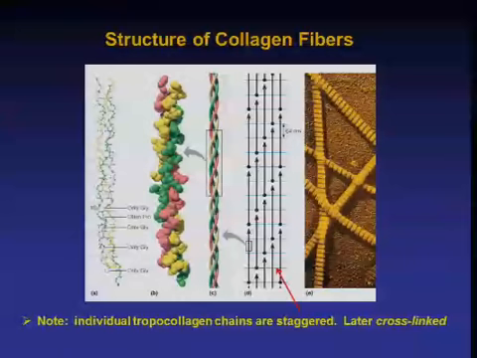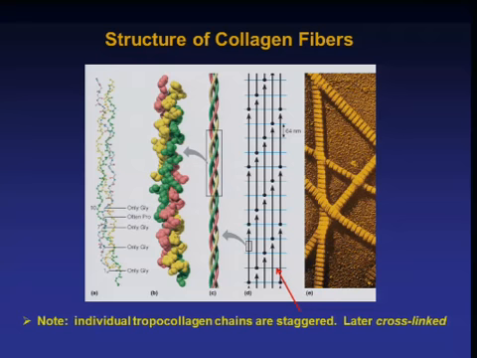So how does that stay together? The way that they stay together is that we start to get cross-links. Cross-links between adjacent tropocollagens. So if we get a covalent cross-link, a chemical bond between this strand and this strand, these 2 are then going to be tethered.